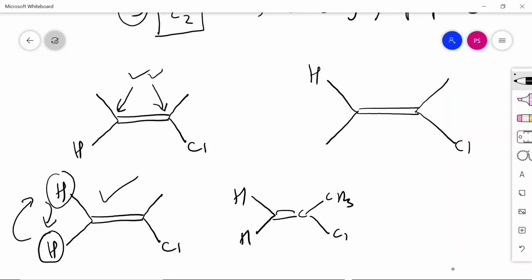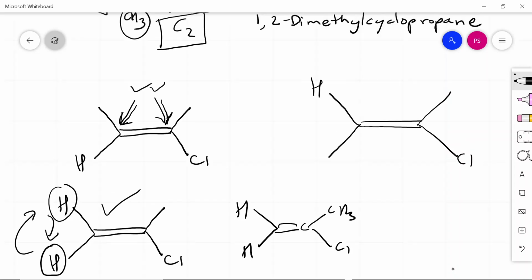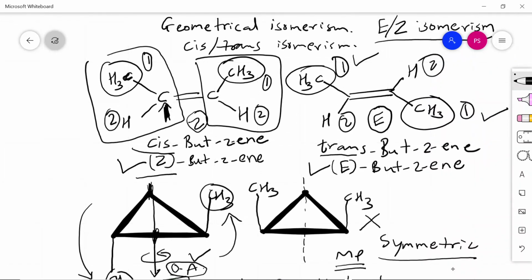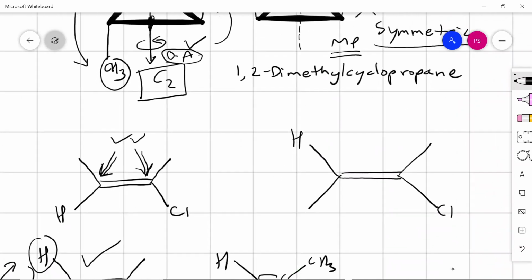So in which compounds is geometrical isomerism possible? For an unsymmetric alkene, both the sp2 carbon atoms should have two different atoms, two different groups. For example, here you can see methyl group, hydrogen, different groups, methyl group, hydrogen. Both these groups are different, that's why cis-trans isomerism is possible here.